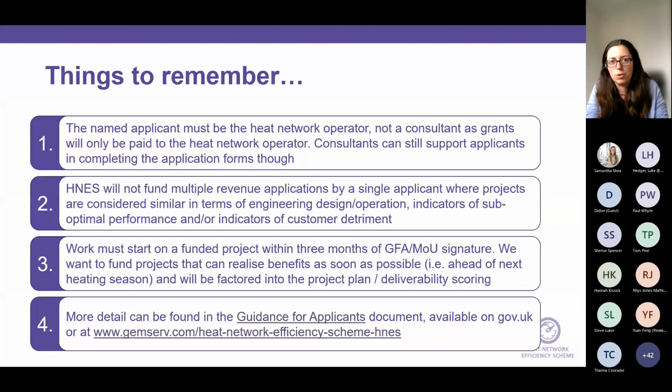So what we don't want to be doing is spending that money on lots of very similar revenue studies that, if they're all submitted by a single applicant, they could learn a lot from doing one, potentially two if they were different, and then they could apply that learning to their other heat networks, potentially within their own portfolio or elsewhere, to help other organisations learn from the information they've received.